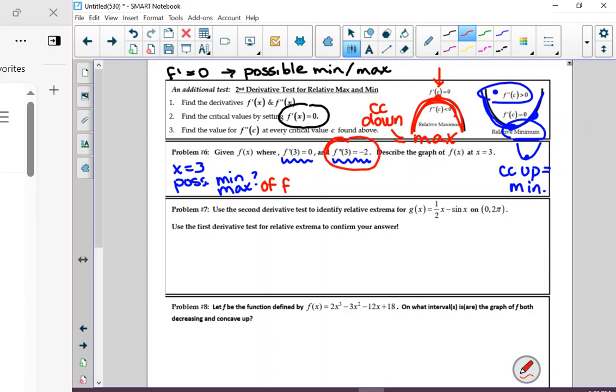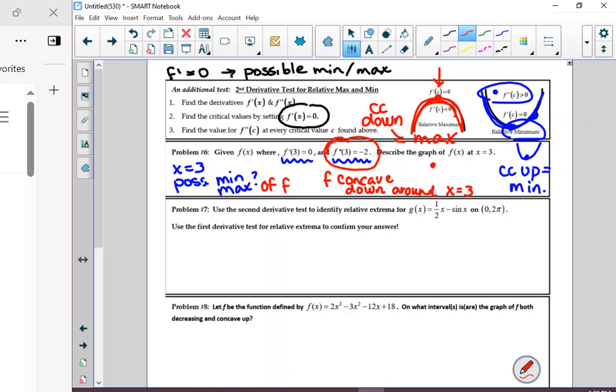This part, the fact that f double prime of 3 is negative 2, means that f has to be concave down around x equals 3.